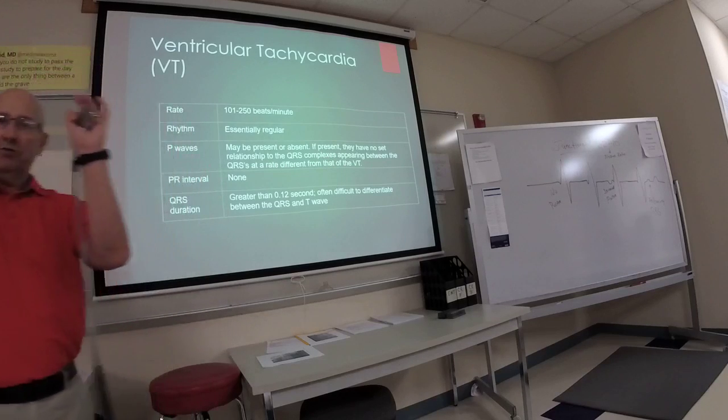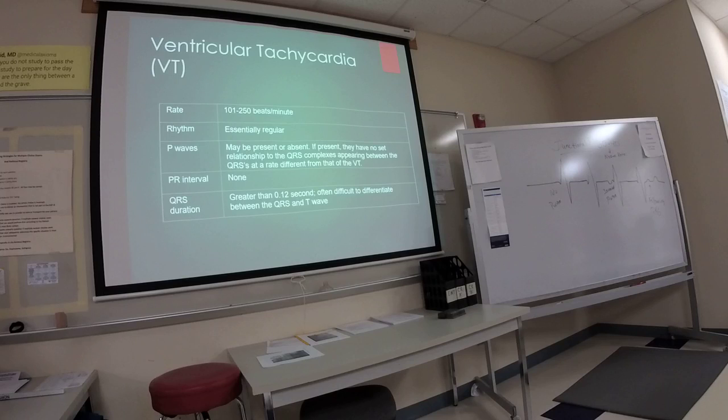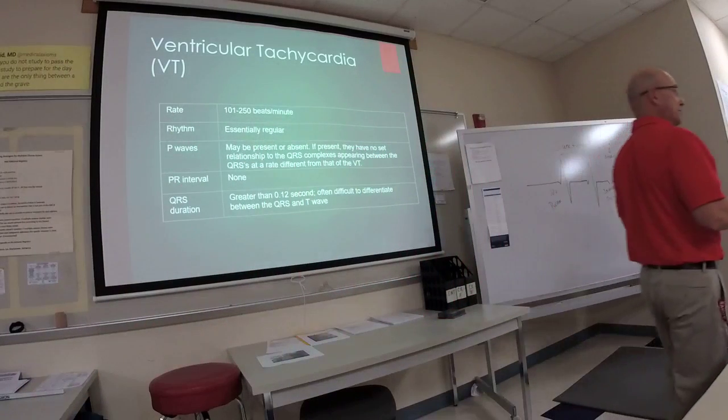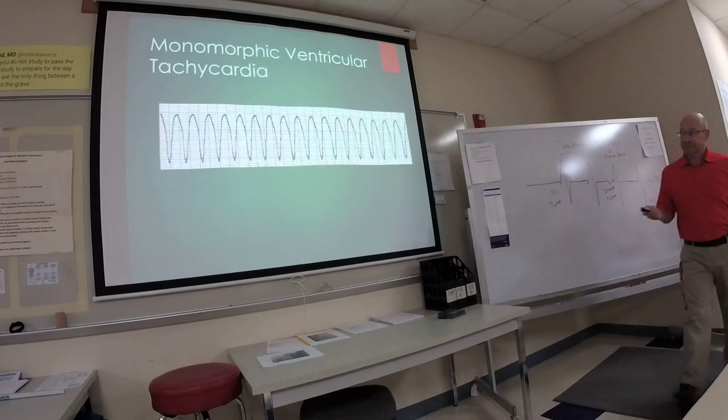You may not be able to see P waves because they're so crammed together, okay? There's no PRI, everything's all crammed together. At 250 beats per minute, it's all crammed together, right? And the QRS complexes are going to be wide. They're going to be wide because it's ventricular. Everything that's ventricular in nature is going to be wide when we're looking at the rhythms, okay?